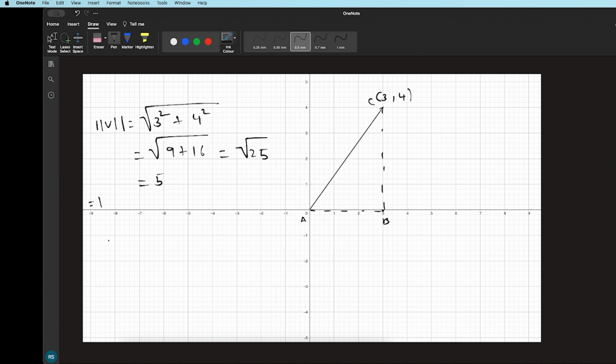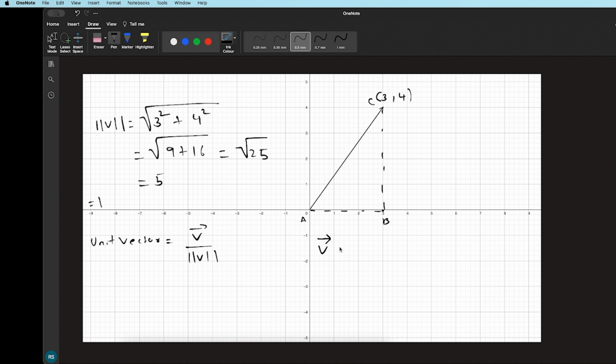The unit vector is defined by vector v upon the magnitude of vector v. So here, what is vector v? Sorry, I have not drawn the arrow properly. So this is vector v.